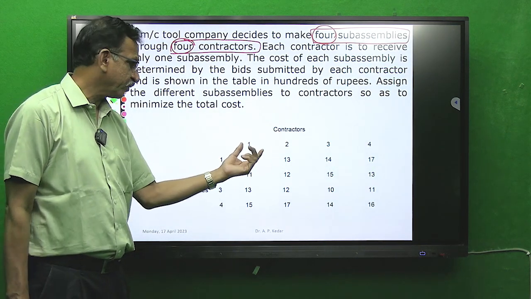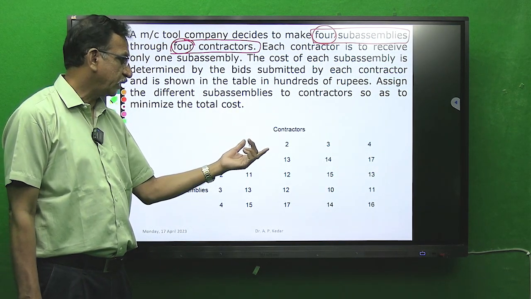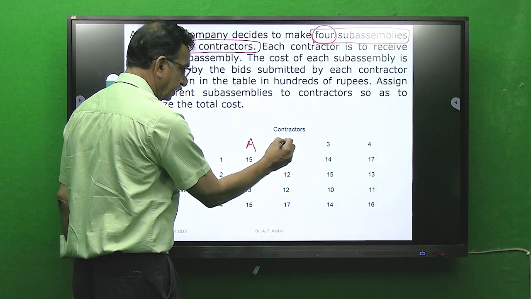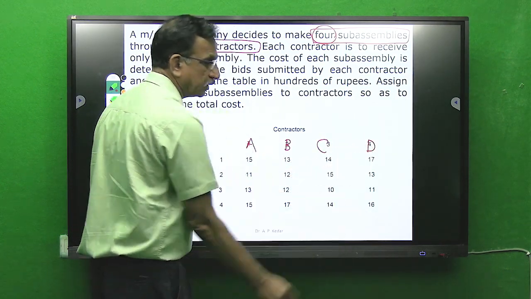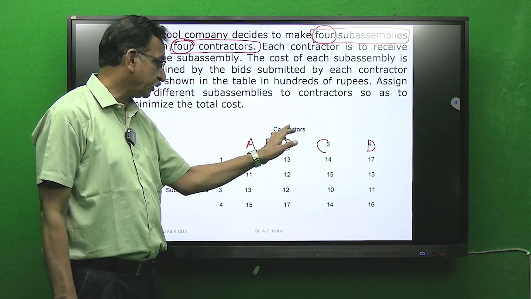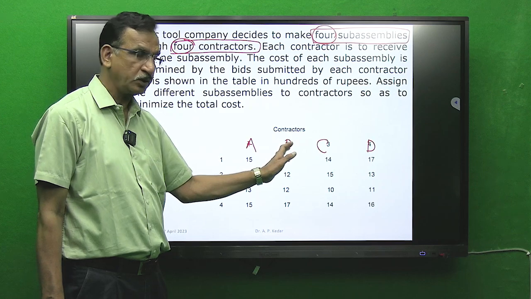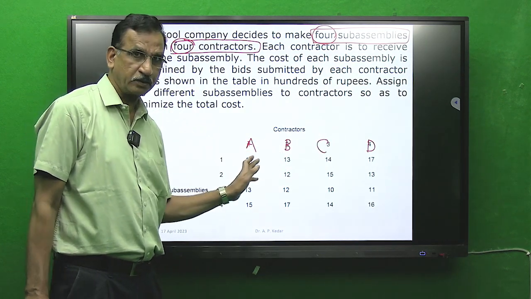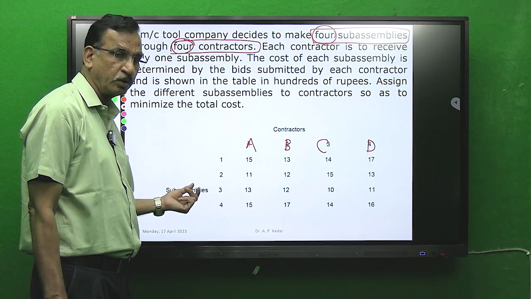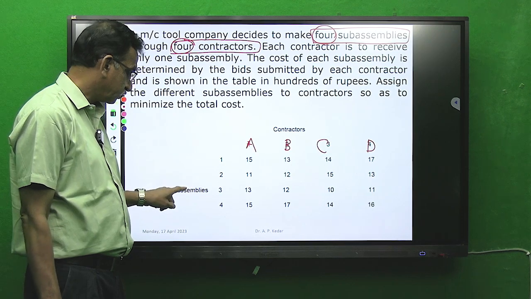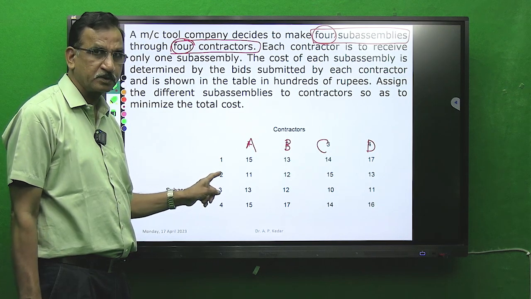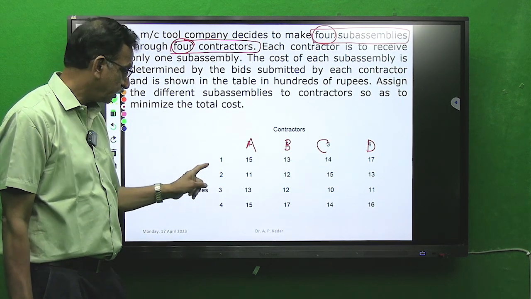Here we can rename if we wish. Instead of 1, 2, 3, 4, if that is confusing to you, you can write contractor name A, contractor name B, contractor name C, contractor name D. These are the names of the contractors, and this is the code of the sub-assembly: 4 total sub-assemblies, first, second, third, fourth.